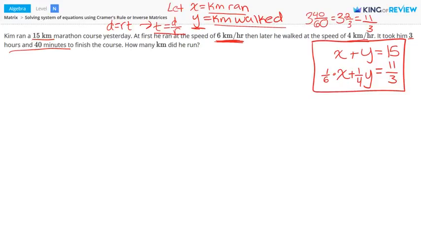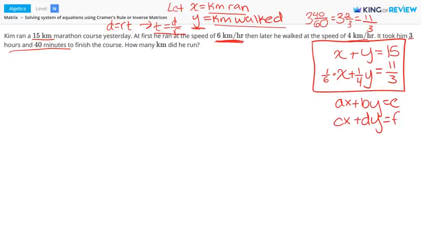What we want to do is solve for x and y. So one method for solving for x and y here is to use something called Cramer's rule. Cramer's rule uses determinants to solve a system of linear equations. So if we have two equations that are in the form ax plus by equals e and cx plus dy equals f, then we can use Cramer's rule to solve for x and y.